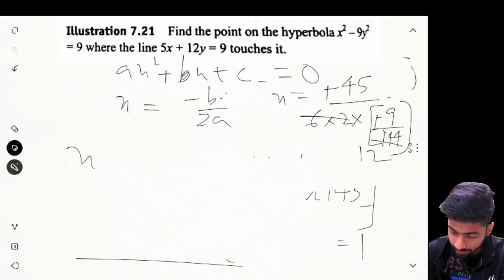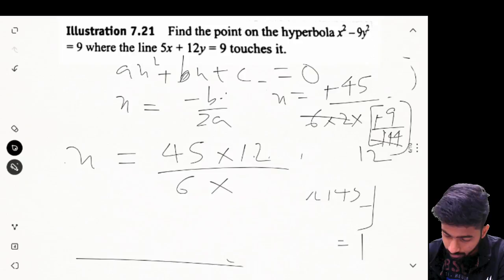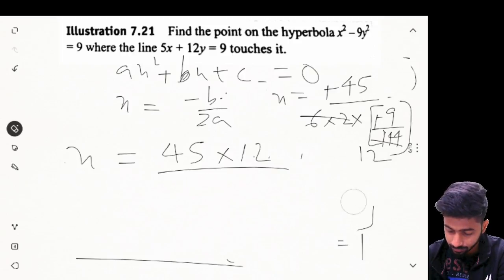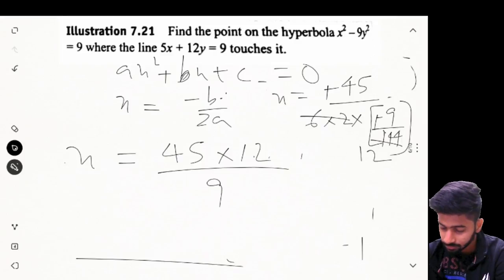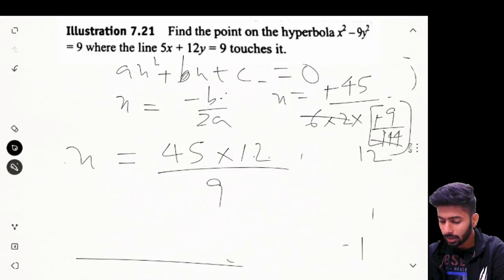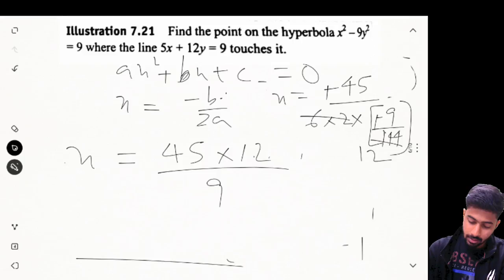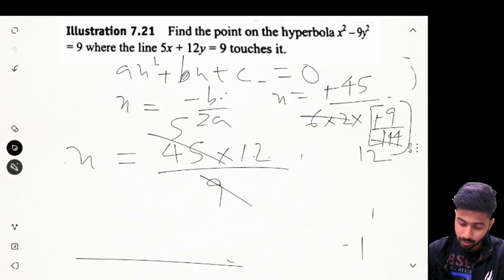You straight away have x equals to 45 into 12 by 6 into, or just 9 basically. 45 by 12 cancels this with 12, 12 goes up, and then you have a 9 here. So this is obviously 9 5s are 45, so you have the x coordinate that you have is 60.